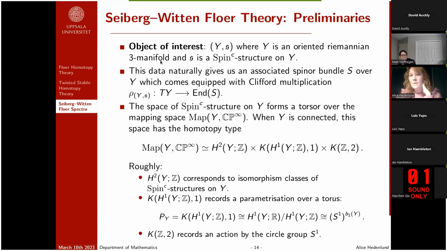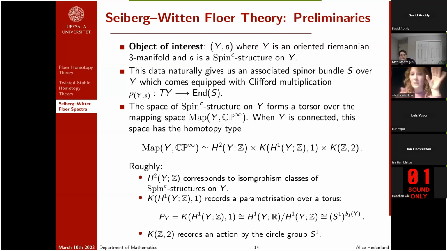If you have a three-manifold and a spin-C structure, then you can always get another spin-C structure by tensoring your spinor bundle with some complex line bundle. Since complex line bundles are classified by their first Chern class, which is a class in H2(Y; Z), that's where that term is coming from.